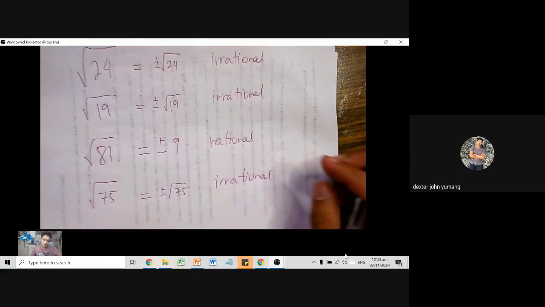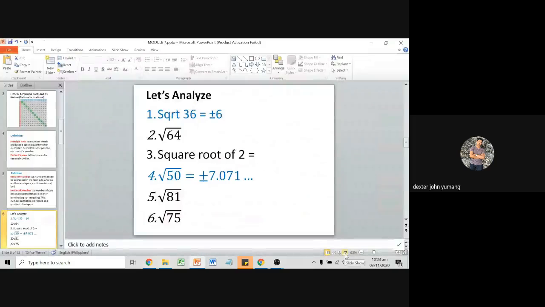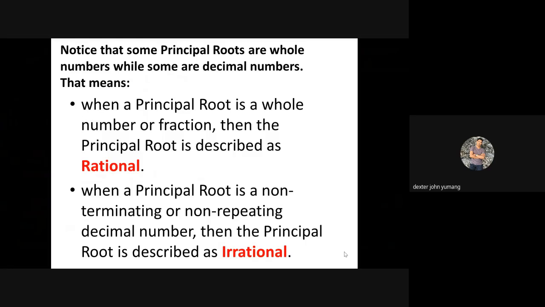Okay, let's proceed with the next lesson. Ay, wala pa pala. So, ito yung ginawa natin kanina. Notice that some principal roots are whole numbers while some are decimal numbers. This means that when the principal root is a whole number or fraction, then the principal root is described as rational.